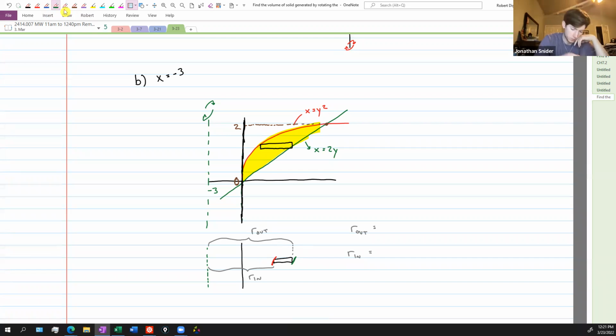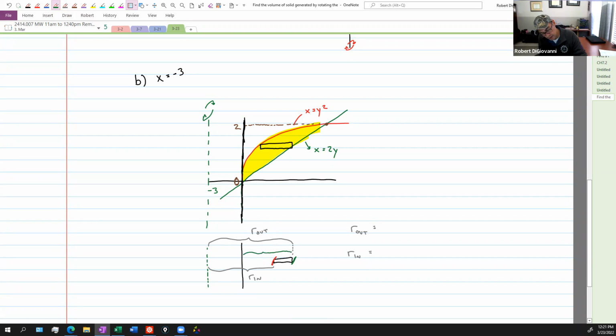I'll try it. Would R out be 2y plus 3? 2y plus 3, good. So from here to here, that's your 2y. And then this distance, you have to include that also. And so as an absolute value, like as a true distance, if you were measuring it, that would be 3. So your R out is 2y plus 3. Good. I think you understand it.